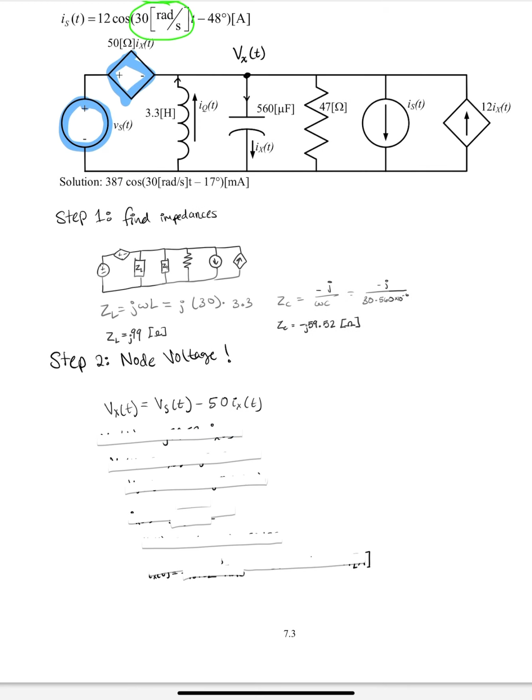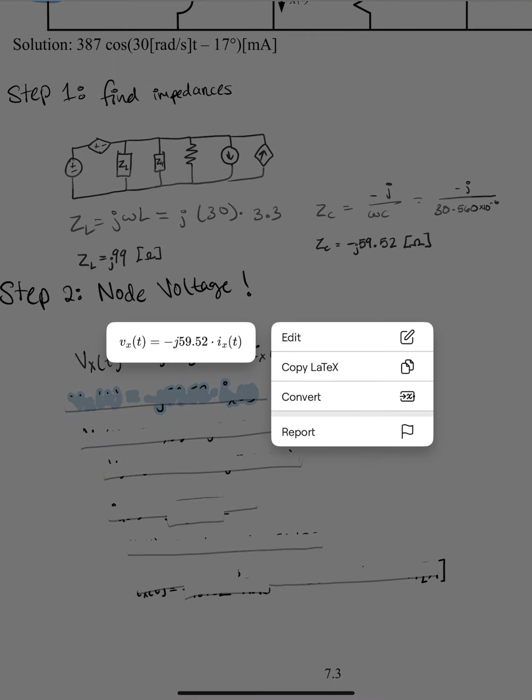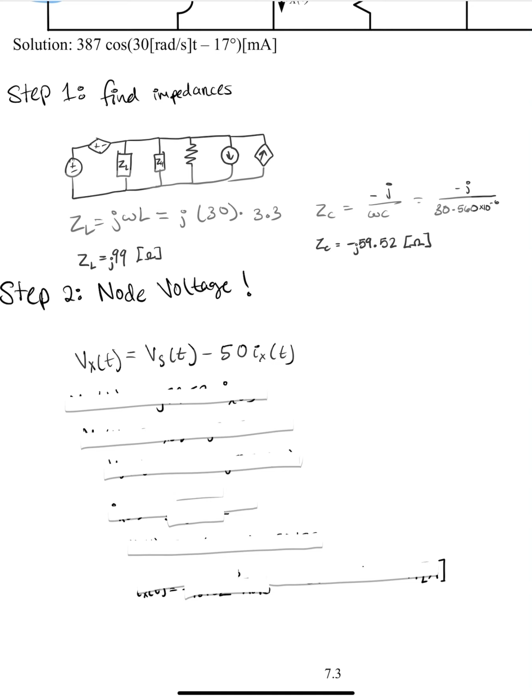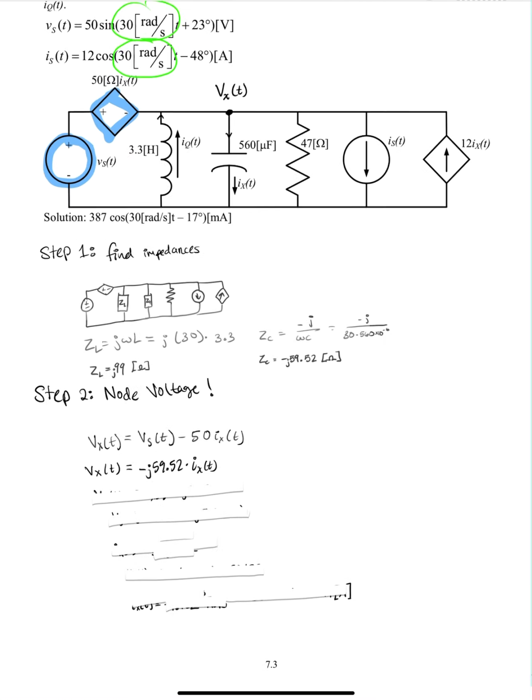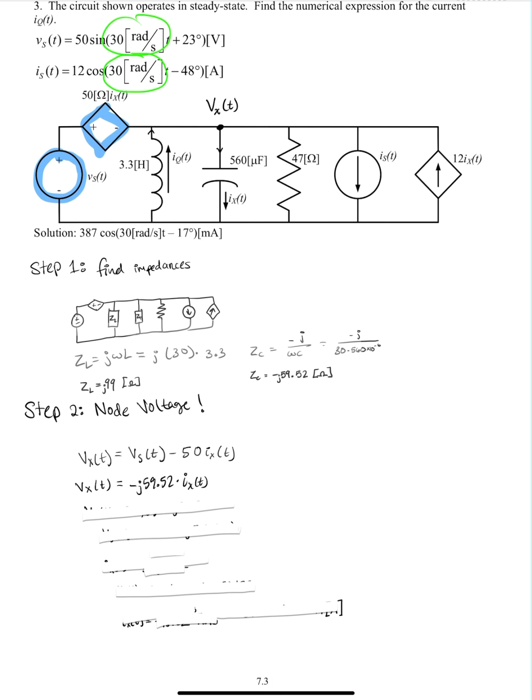And then what we can also do, sorry, I'm not sure why it's not moving. Something we can do is that we know that through this wire, we know that the voltage across here is our Vx of t.